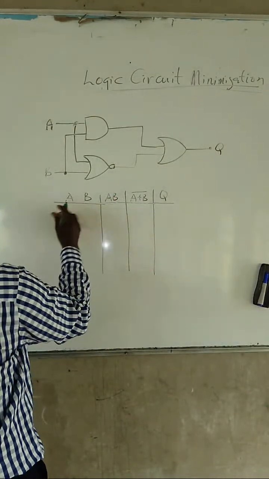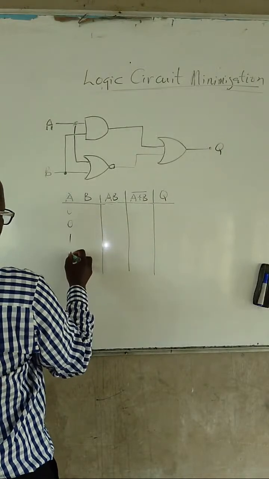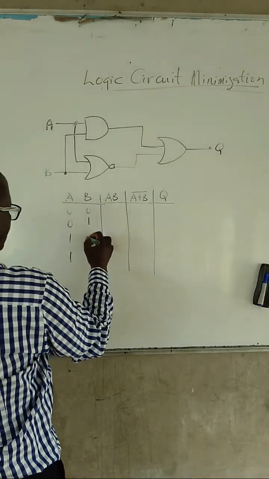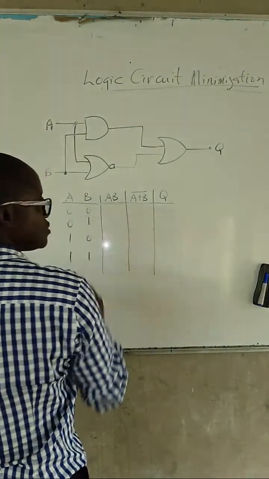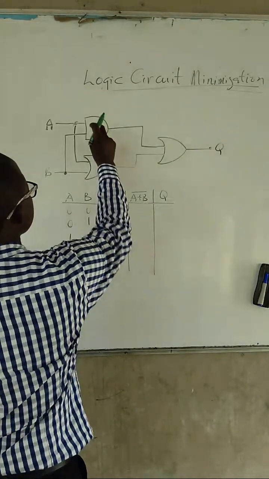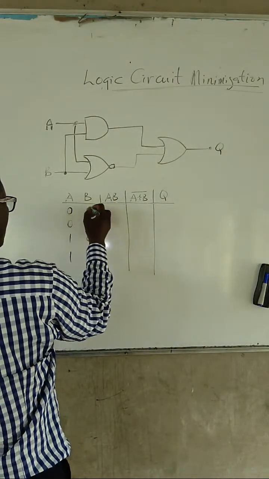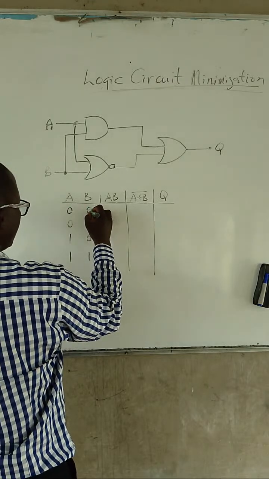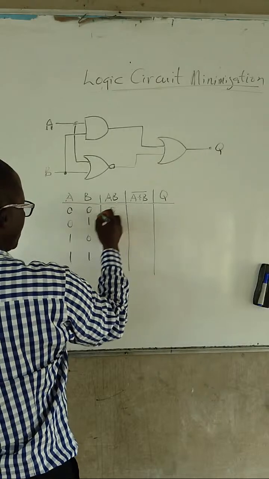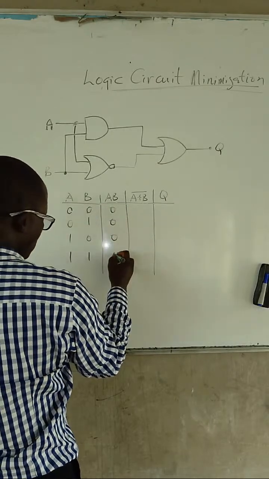So for AB, we are going to have four rows: 0 0, 0 1, 1 0, 1 1. Then from AB, that is an AND gate, we are going to have 0, 0, 0, 1.